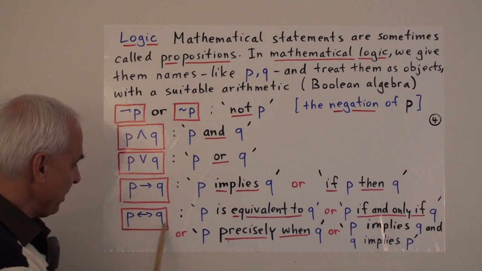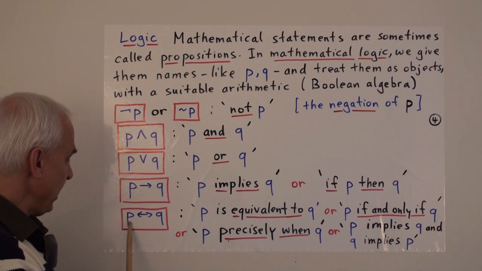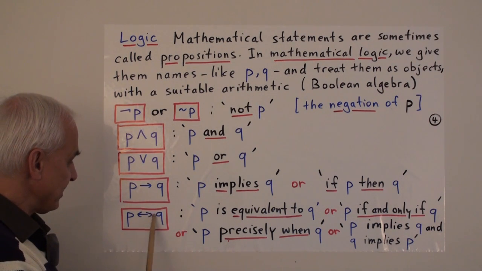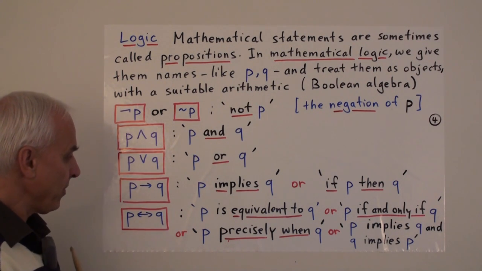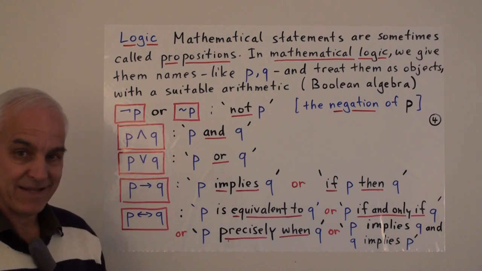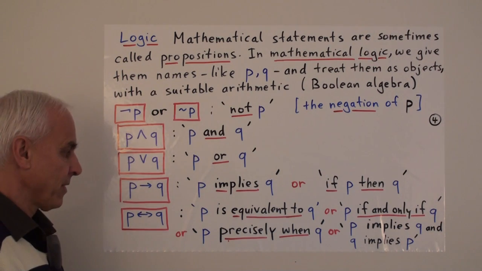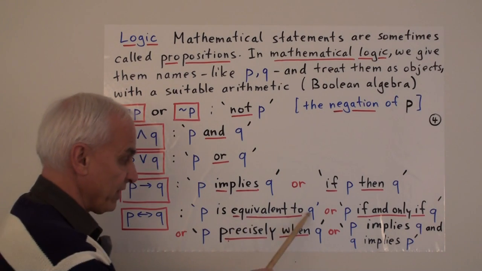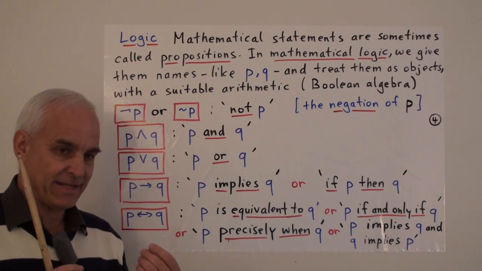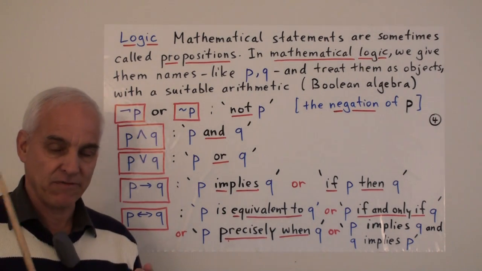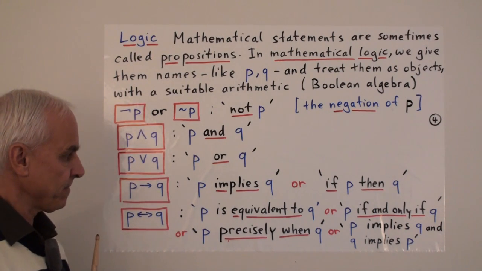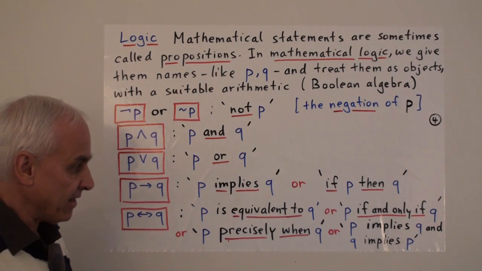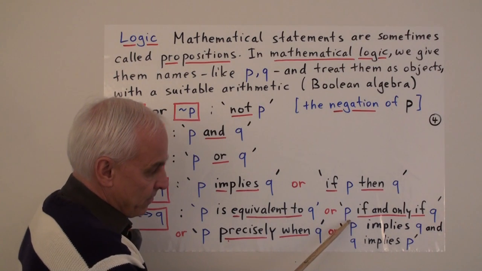Here is something a little bit stronger. P and then this double arrow Q. There are a number of ways of saying what this means. One is that P is equivalent to Q, that they're basically the same statements or different forms of the same statement. Another way of saying that is this construction.